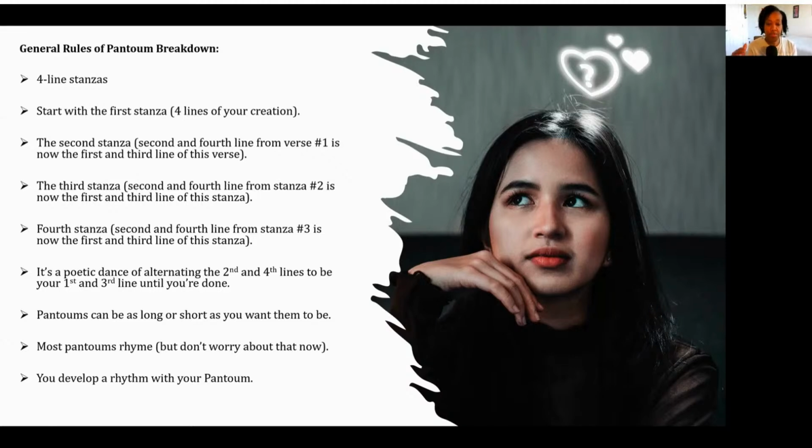So there are the two lines that are the free lines, I call them, where you can create. But two lines in every stanza are going to come from the last stanza. It's a poetic dance of alternating the second and fourth lines to be your first and third until you are done with the poem, right?